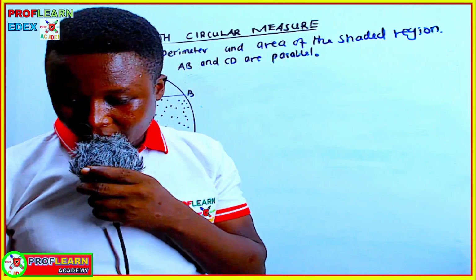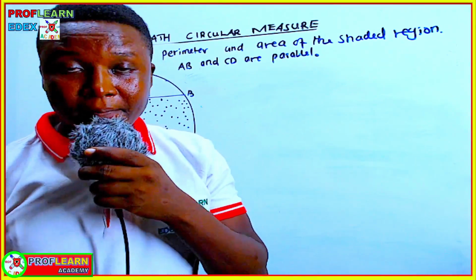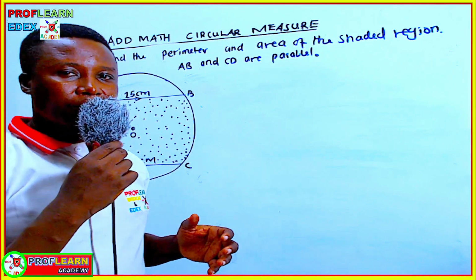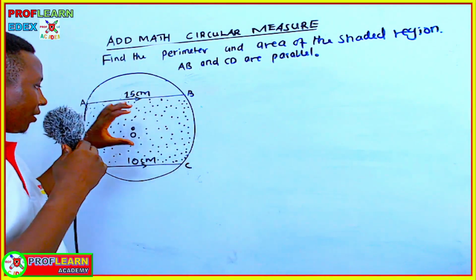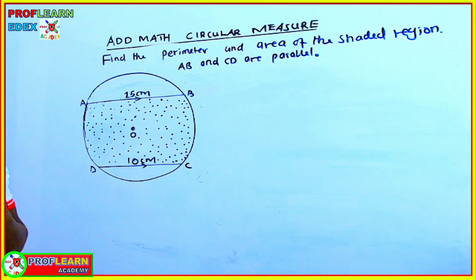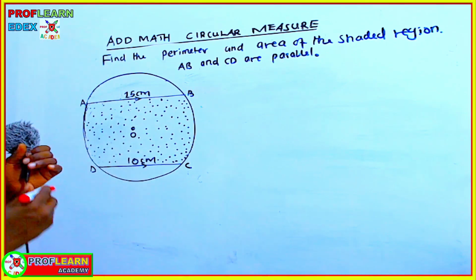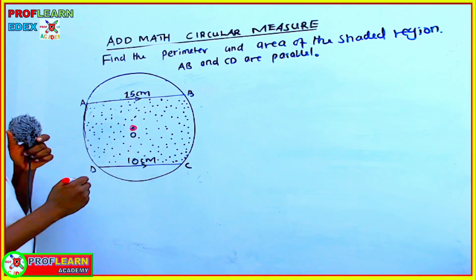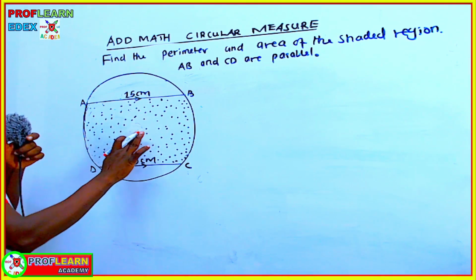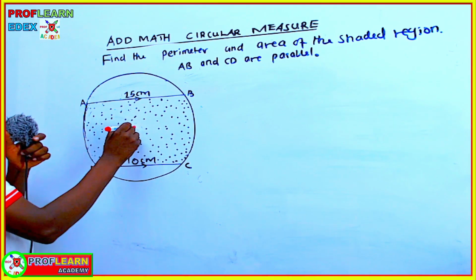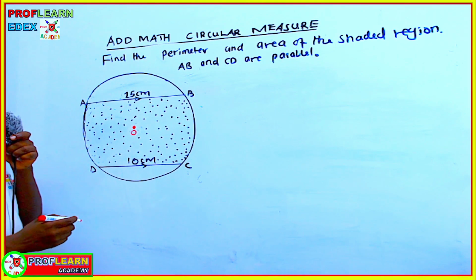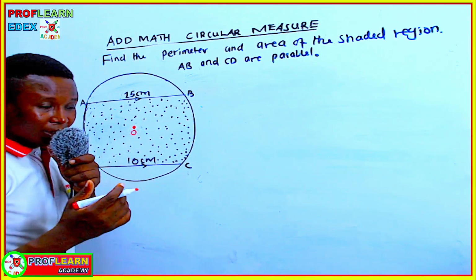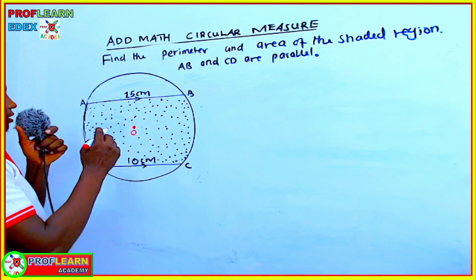In this question, we are supposed to work out the perimeter and the area of the shaded region. The information provided is that O is the center of this circle, so this is a circle of center O, and the radius of this circle is 10 centimeters.